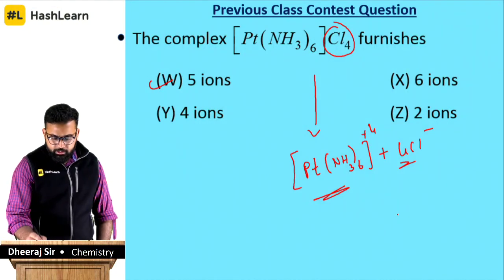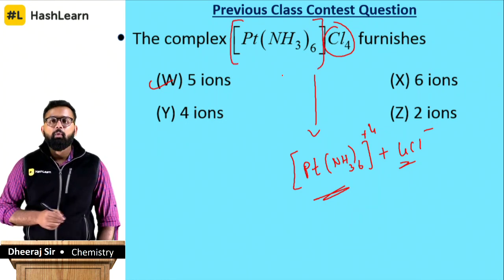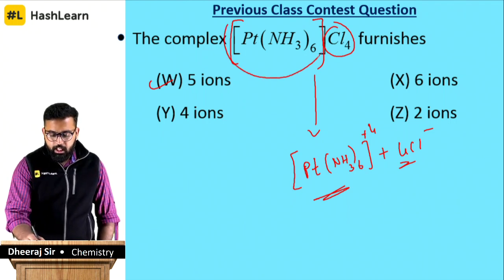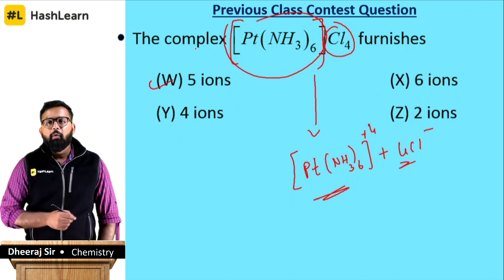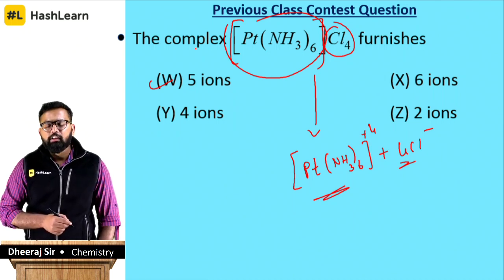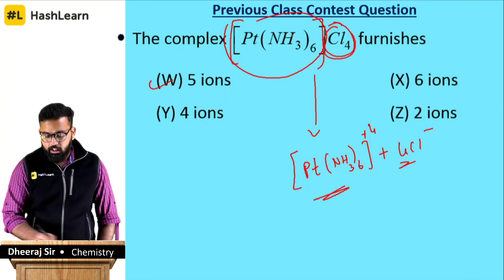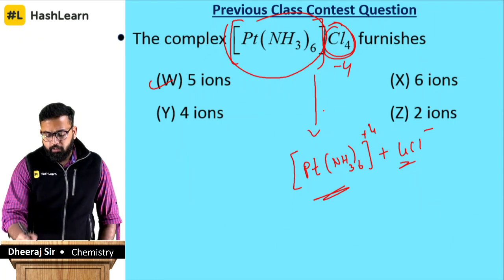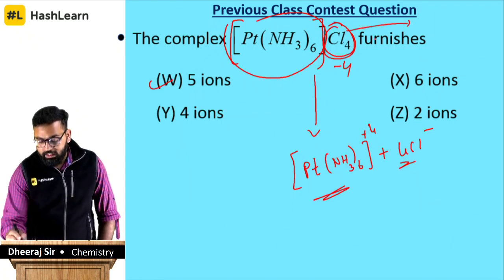Pooja, you need to understand that whatever is present inside the square bracket will not break down into ions. So this entire thing will remain as one species, one ion, and chlorine. And what is the normal charge on chlorine? The normal charge on chlorine is -1, so 4 chlorines will make it -4, and we give the ions present outside a specific name.